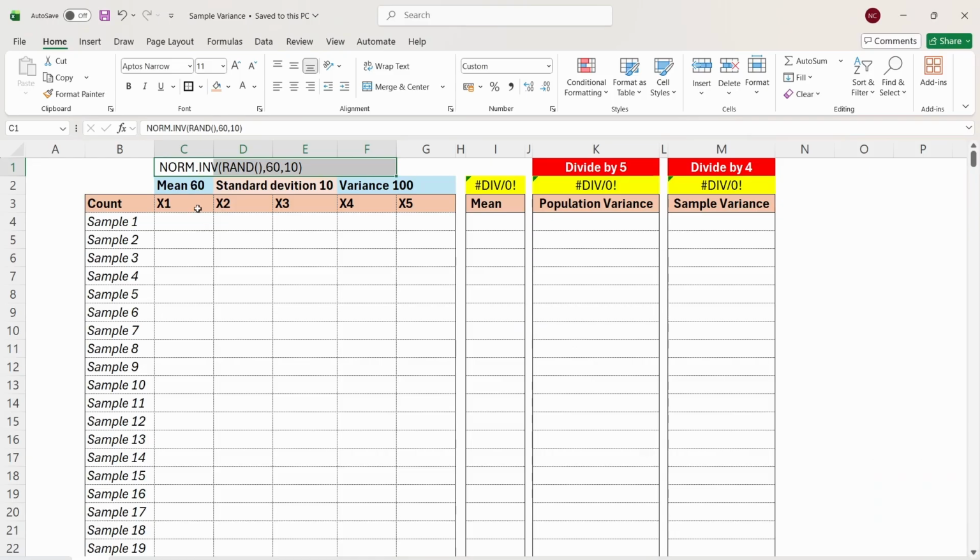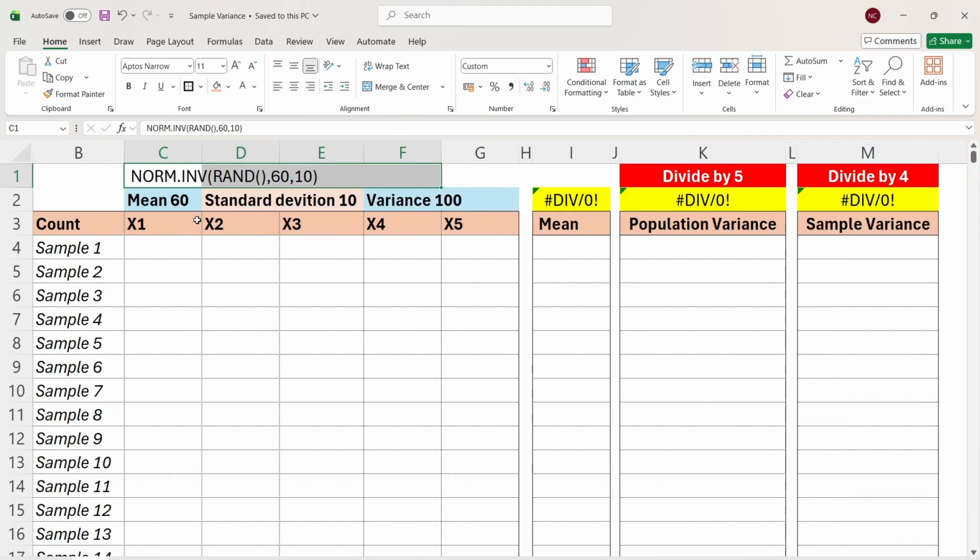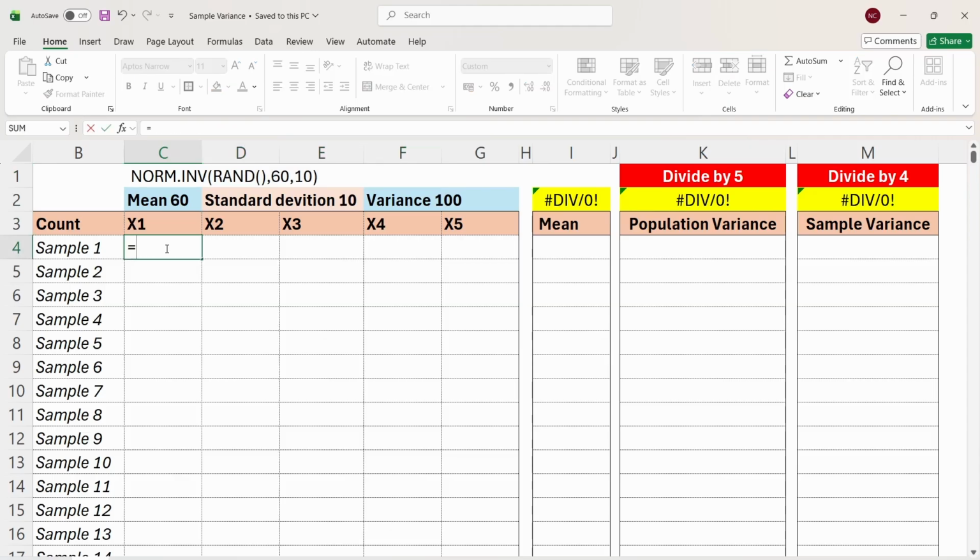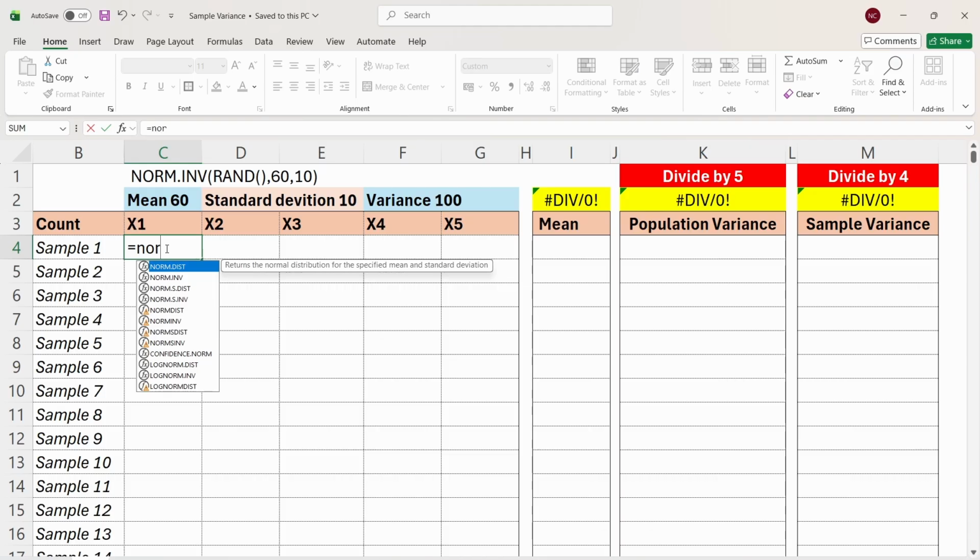I will use this particular formula, normal distribution, and this assumes that I have normally distributed data. In that data, the mean is 60 and the standard deviation is 10, so the variance will be 100. And I will take 500 samples. In each sample, I will have 5 data points. So let's see how I will arrive at this.